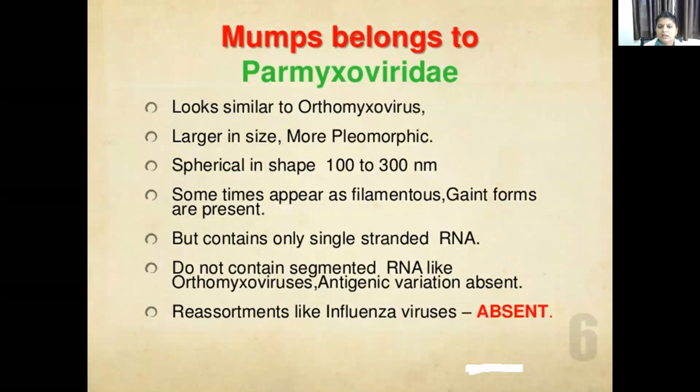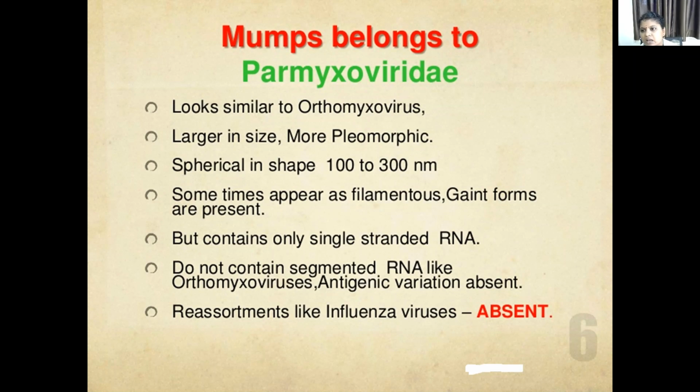If you see the structure, it's almost similar to that of the orthomyxovirus, but a little bit larger. The size ranges about 100 to 300 nanometers. It exhibits giant and filamentous forms, and contains single stranded RNA.